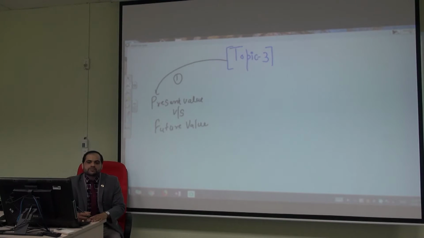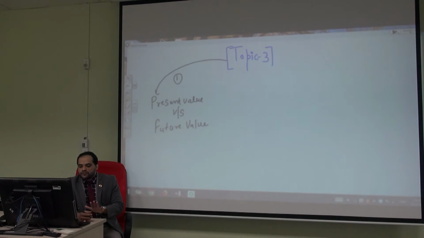Let's say you're planning to study abroad after 5 years, and you require $50,000 to study abroad. In order to have that $50,000, how much money do you need right now to invest? Whatever money we require right now, that's the present value.